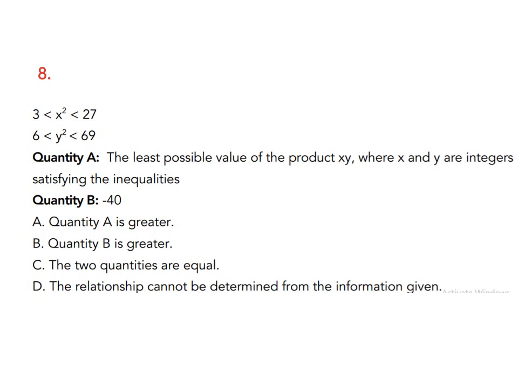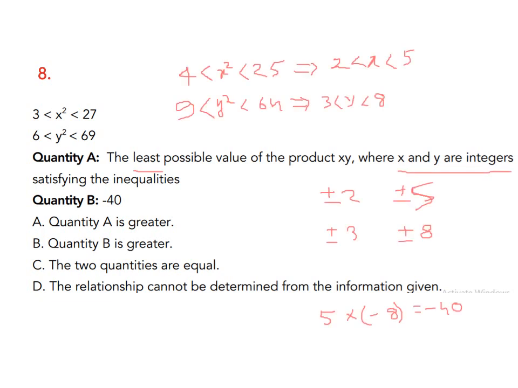Before that, let us take numbers that are squares of some values. In the case of x, we get 4, the square of 2, and 25, the square of 5, and 4 and 25 are within the range. Similarly, 9 and 64 are within the range, and the root of 9 is 3 and the root of 64 is 8.